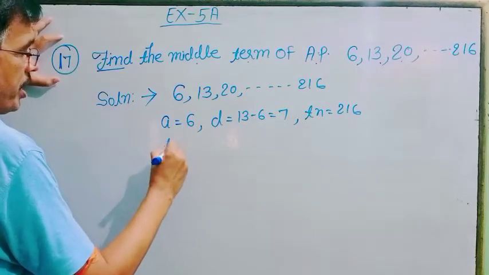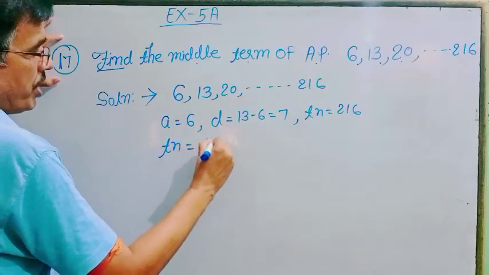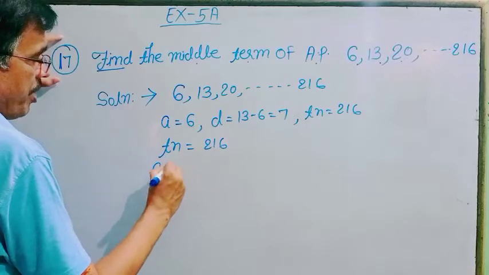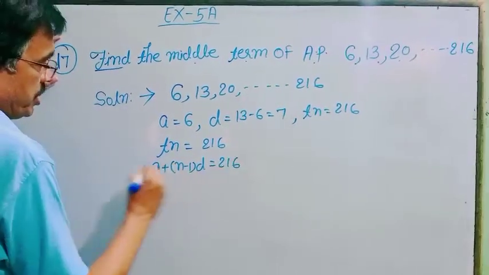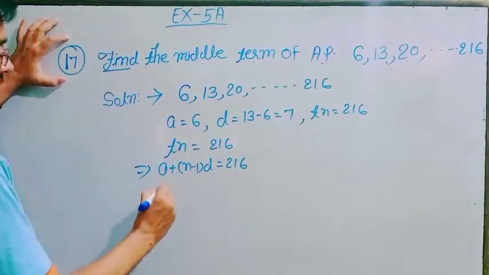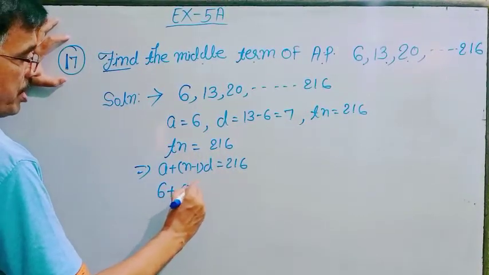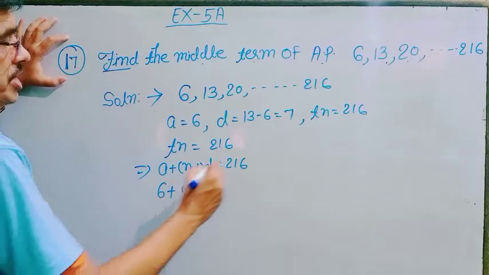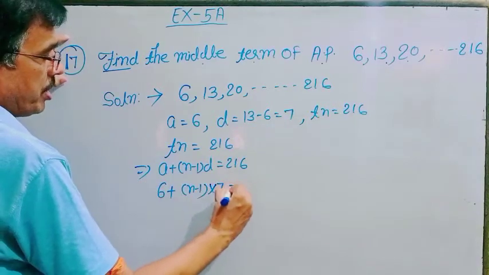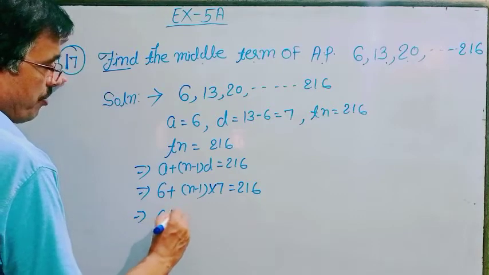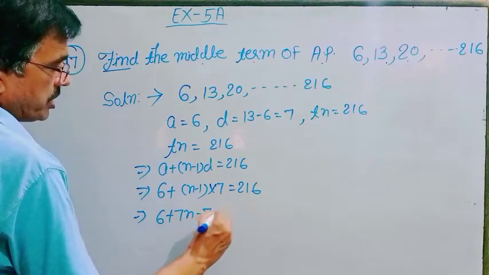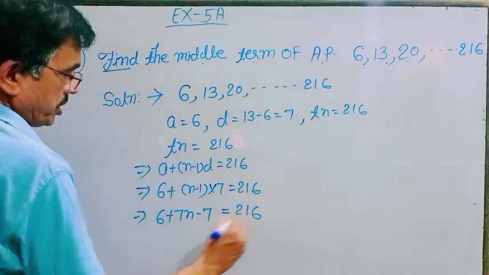So first we find n. Tn is equal to 216, then A plus n minus 1 into D is equal to 216. Now A is 6 plus n minus 1, D is 7, equal to 216. Then 6 plus 7n minus 7 is equal to 216.